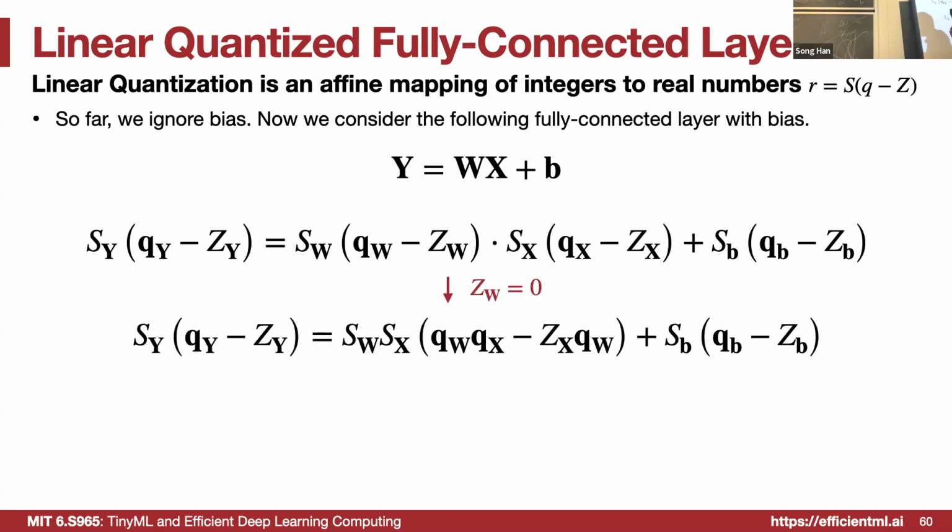Okay, so just like before, we set Z_W to be 0. Okay? So we can greatly simplify that by setting this Z_W to be 0. So here we have only these two terms by getting rid of this Z_W and distributing this Q_W to Q_X and Z_X, right? And combine S_W and S_X. So it is here.